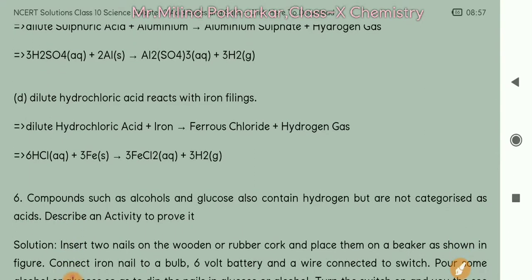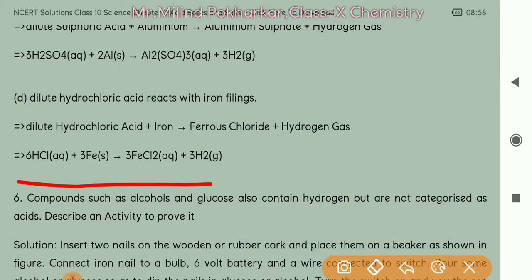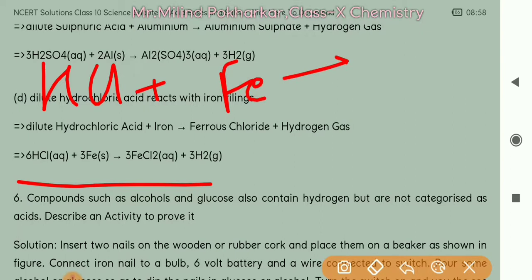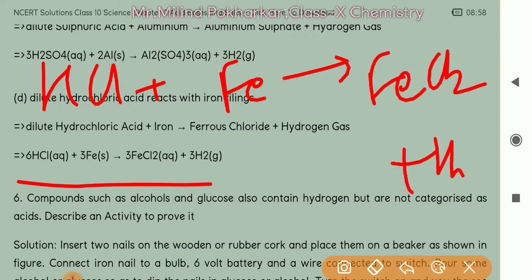You can see HCl plus Fe giving FeCl2 plus H2, and this is also balanced. We can simplify it also. You can just write HCl plus Fe, then FeCl2 plus H2.